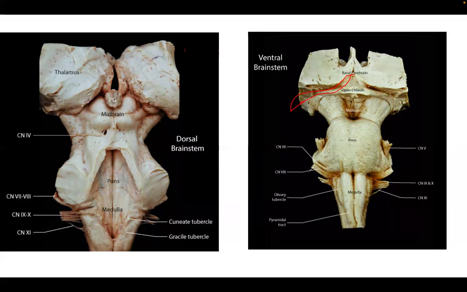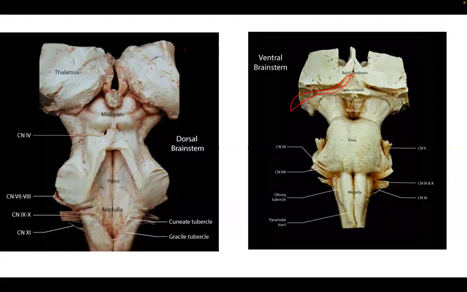So the pons has cranial nerves that it gives off, notably the fifth cranial nerve, the sixth cranial nerve, and then, of course, the facial nerve and parts of the vestibulocochlear nerve. We have the cerebellopontine angle where some of these cranial nerves exit from.